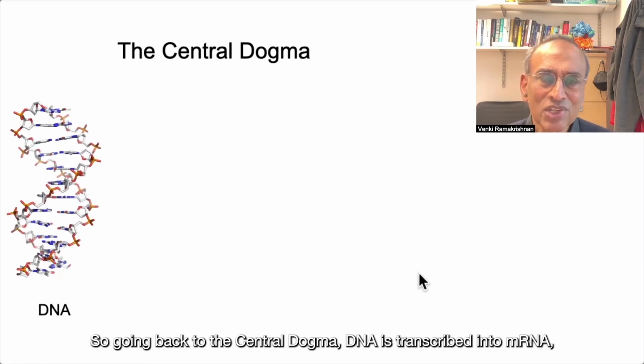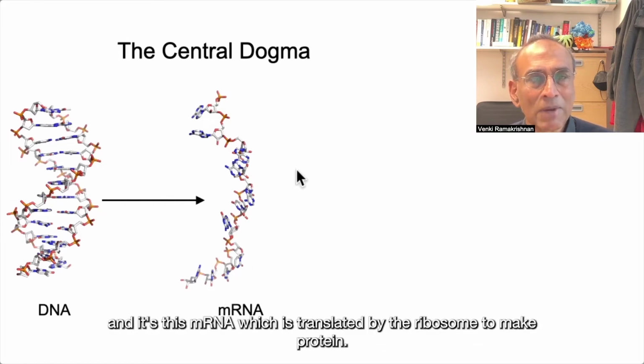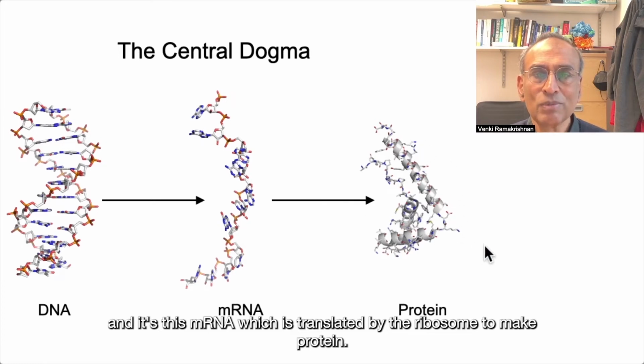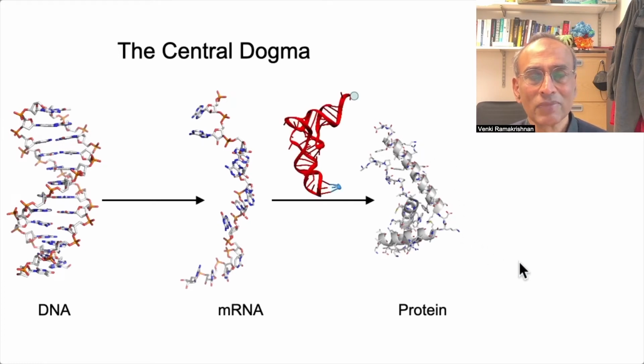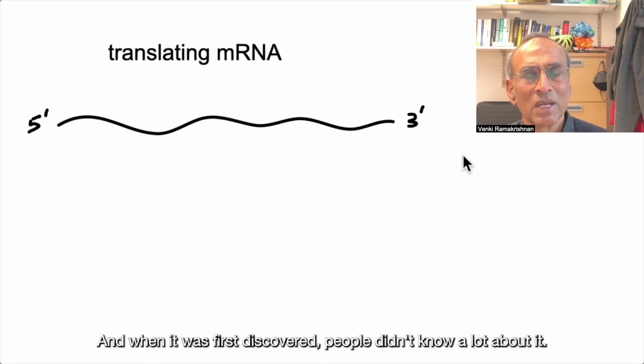So going back to the central dogma, DNA is transcribed into mRNA, and it's this mRNA which is translated by the ribosome to make protein. Now, if you look at mRNA, it's a molecule with a 5' and 3' end. And when it was first discovered, people didn't know a lot about it.